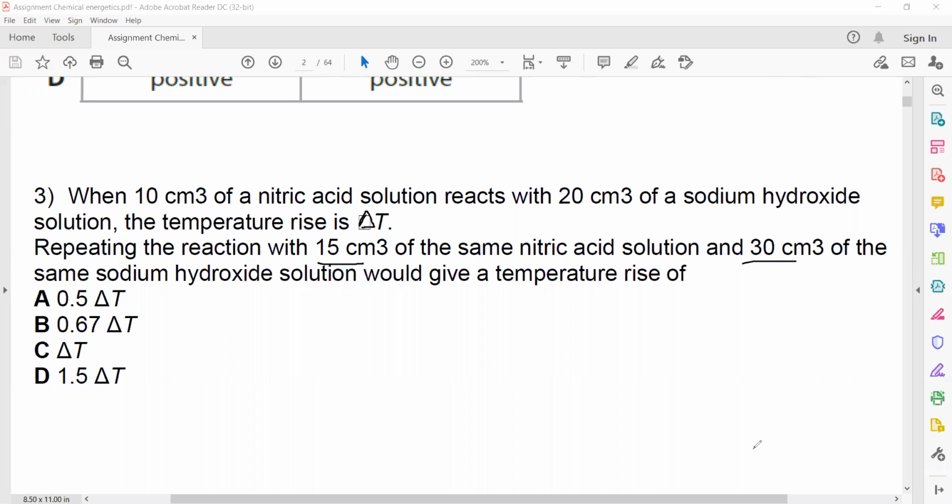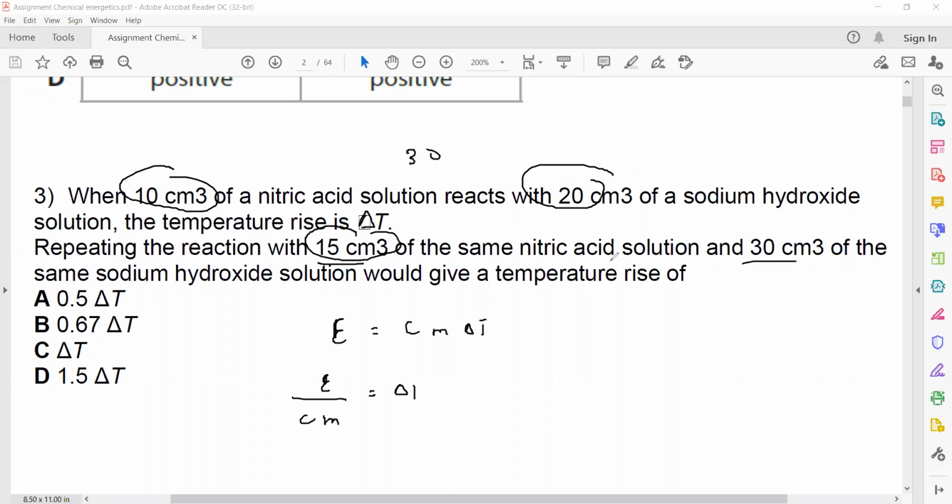We have the formula E equals C m delta T. This is the formula E equals C m delta T. So the temperature change is E divided by C m. Now, first what we did, the total volume of the solution, that was 10 and 20, so total volume was 30.